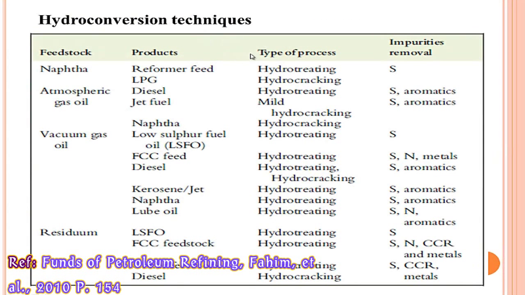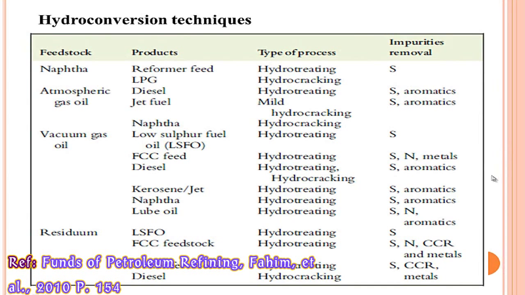This table lists different kinds of feedstocks and the products after reacted with hydrogen. Examples are here. Naphtha, which contains trace of sulphur, will be reacted with hydrogen to get rid of sulphur, and the product is now ready for the reformer raw material.